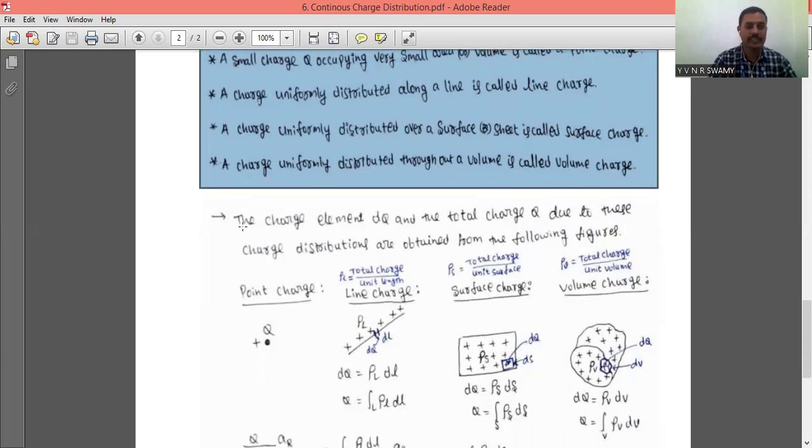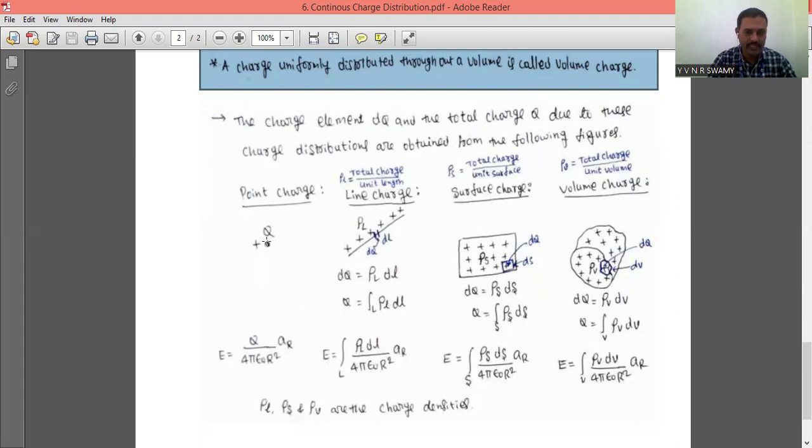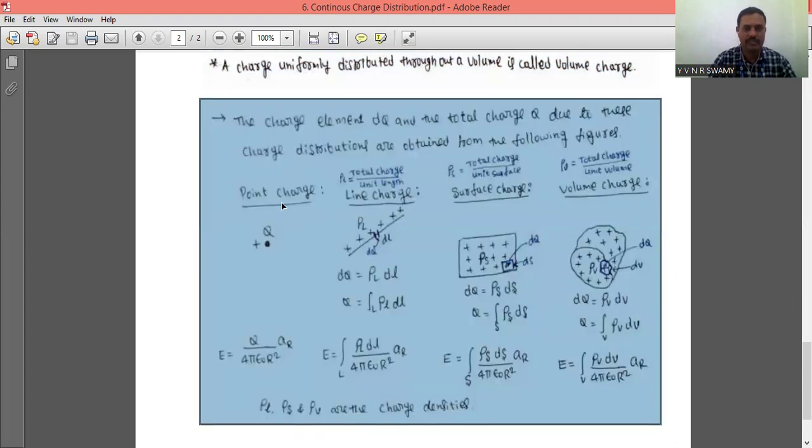Here the charge element dq and the total charge Q due to these charge distributions are obtained from the following figures. Now you can see here it is a point charge, at rest. It will produce a field, and that field is called electric field.